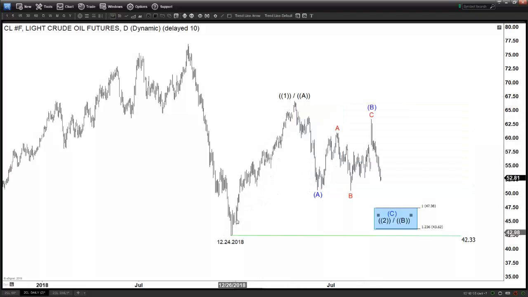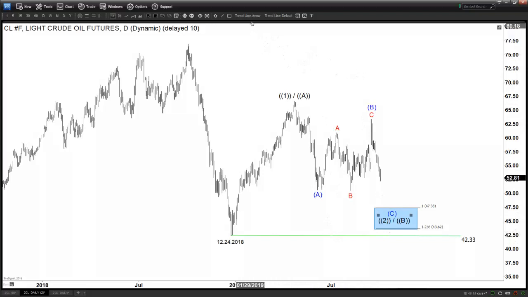Of course, you can try to label this as an ABC zigzag, and if that's the case, then this is corrective, and it can break below 42. But if you think this is an impulse, then we should technically stay above 42 and start to rally again once we finish this ABC right here.